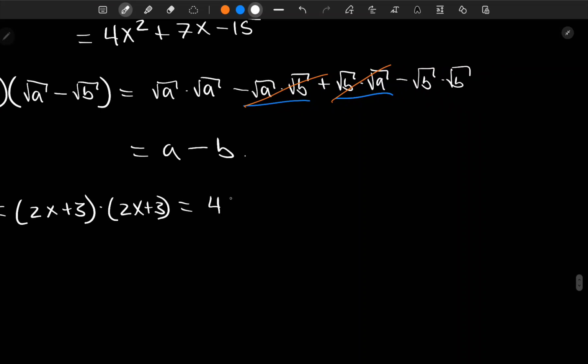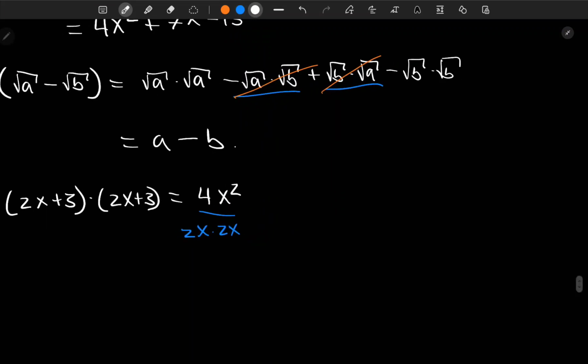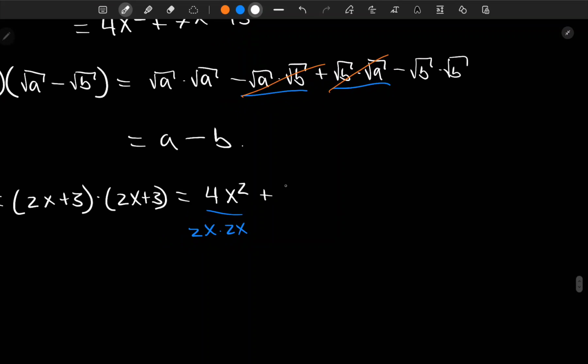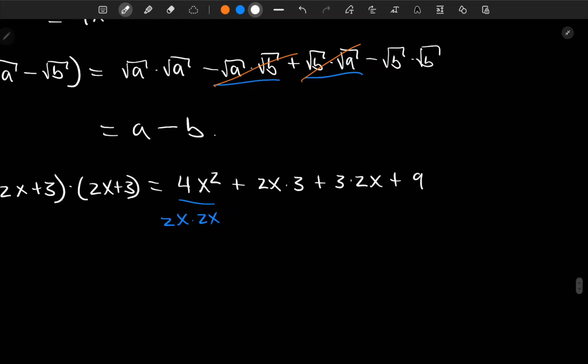So it would be 4x squared, and that's because it's 2x times 2x, plus 2x times 3 plus 3 times 2x plus 9.